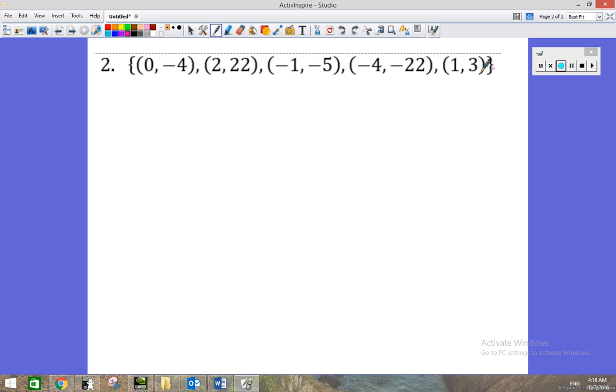So I can't see any repeats for the x-coordinates. 2, it's the only 2 that appears. Negative 1, among all these x's, it's the only negative 1, the only negative 4, the only positive 1. So this is definitely a function. The inverse of this function is just simply switching the domain and range, which means switching the x and y coordinates for every point.